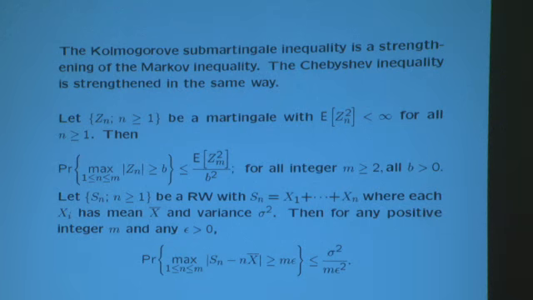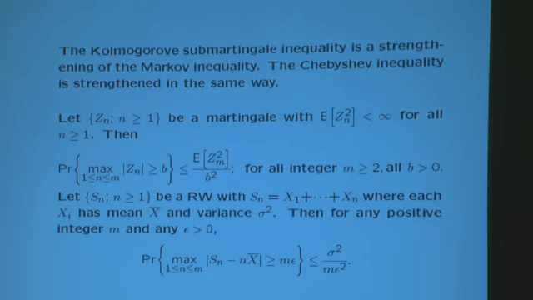Okay, so the strengthening of the Chebyshev inequality says: let Z_n be a martingale with the expected value of Z_n squared less than infinity. Then the probability that the maximum of these terms up to m is greater than or equal to b is less than or equal to the expected value of Z_m squared divided by b squared.